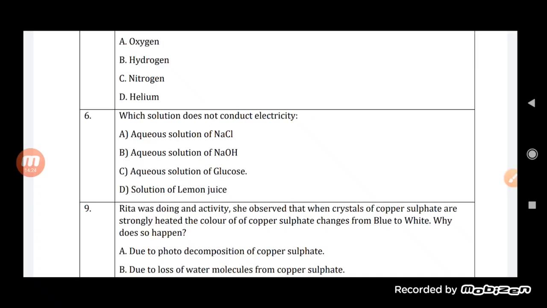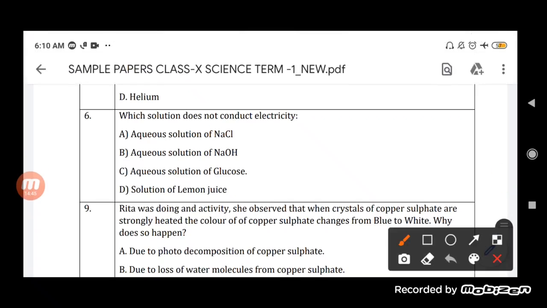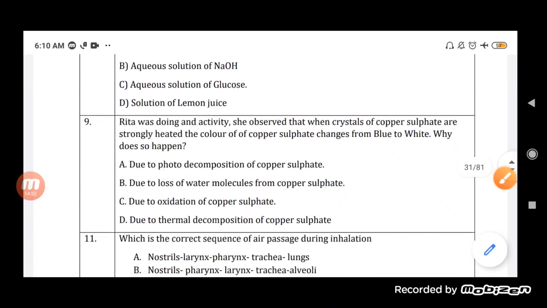Basically, the one which will not conduct electricity is the aqueous solution of glucose, because NaCl and NaOH both will dissociate in water, but the aqueous solution of glucose will not conduct any electricity. So the correct option is the aqueous solution of glucose, which does not conduct electricity.